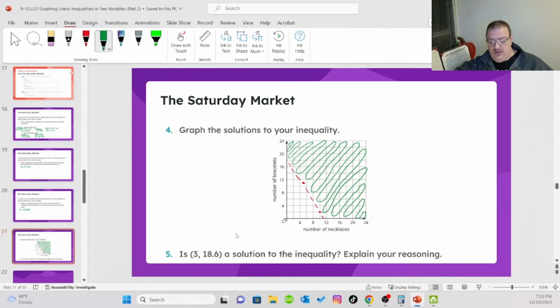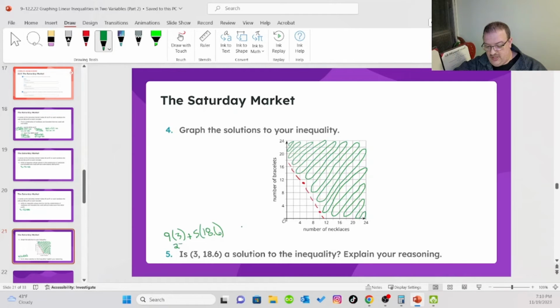And last, they want to know, is the point (3, 18.6) a solution to the inequality? You actually don't even have to do any math on this one. If you wanted to, you could plug in 3 for x and 18.6 for y and see if it came out to be more than 100. So you could have 9 times 3 plus 5 times 18.6.